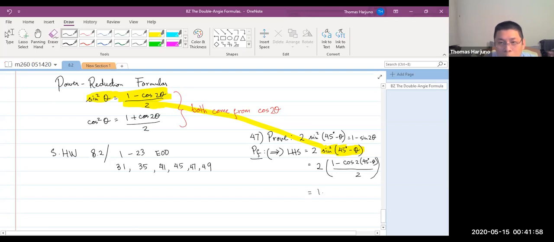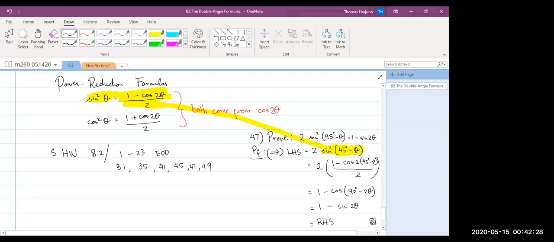So this is 1 minus cosine of 90 degrees minus 2 theta. Oh, duh, this is straightforward. So this is 1 minus sine 2 theta, right? By cofunction. So this is what we have on the right hand side. That's the end of the proof.